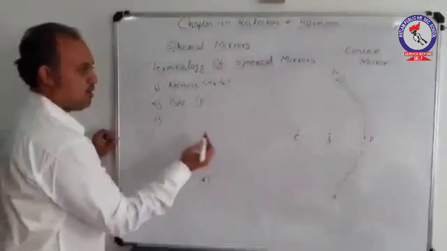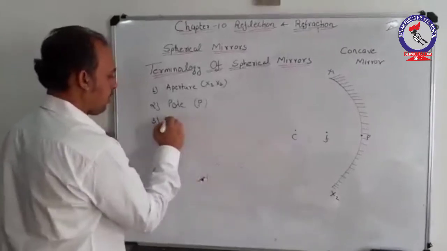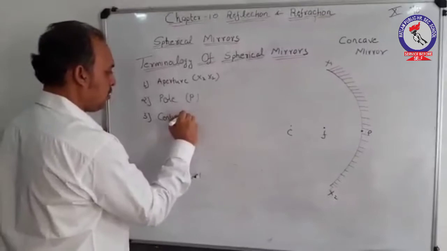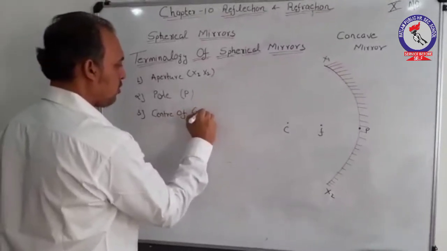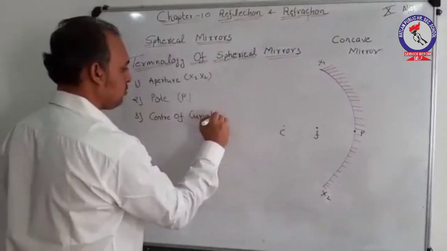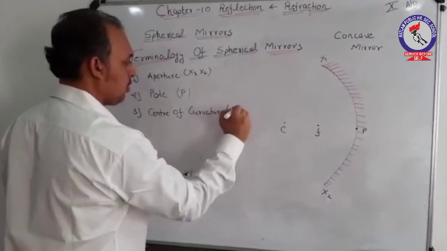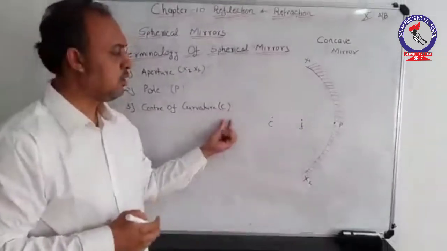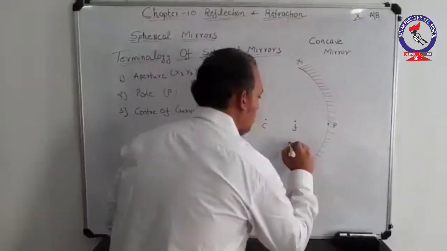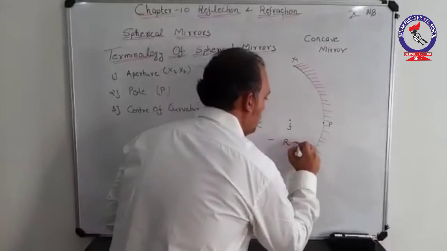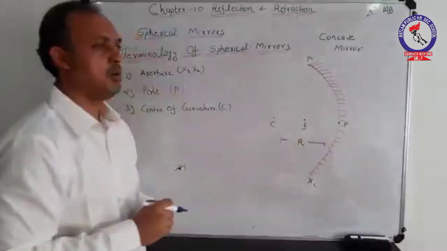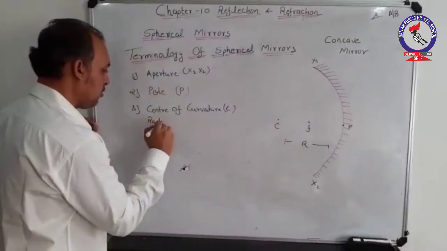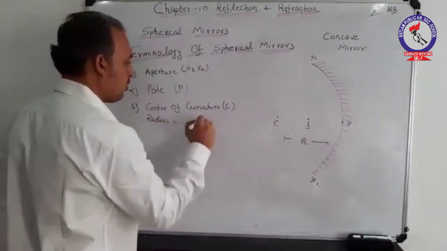Third part is this point C. This point C is known as the center of curvature. We note it by letter C. This C is equal to the radius of this spherical part, so we can also call it radius of curvature.